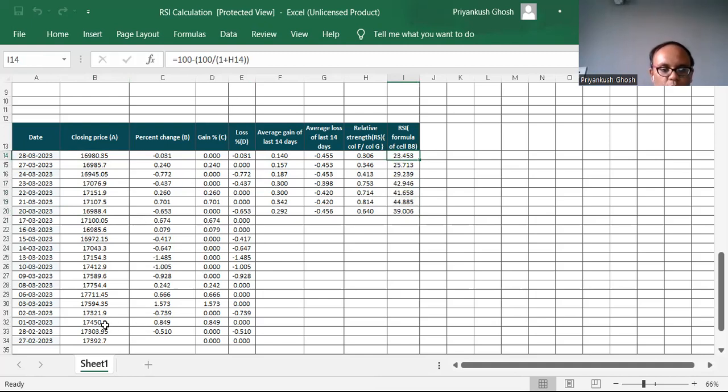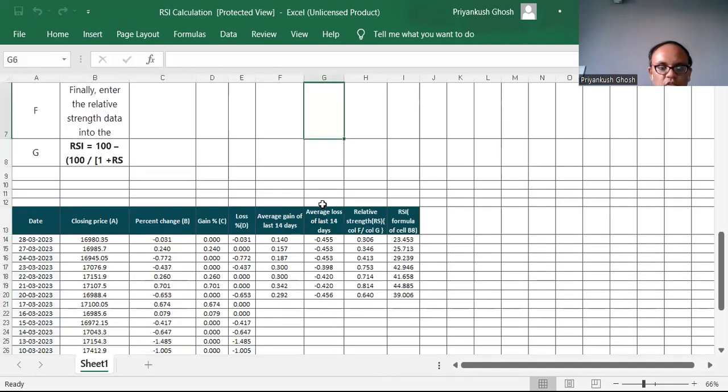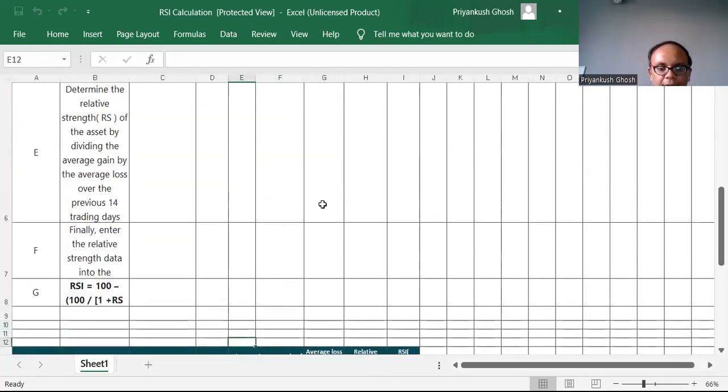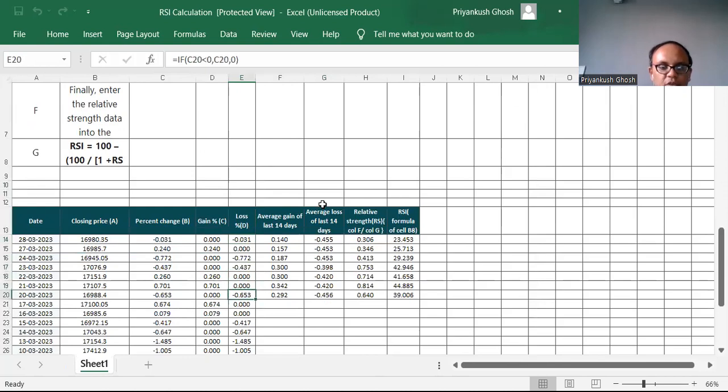Okay, so why is it? Because here there were a lot of negative closings. So that's why, if you can see, there were a lot of negative closings here, which got more weightage basically in your average loss calculations. So this is how RSI is calculated. Okay, and this is entirely based on the closing price.